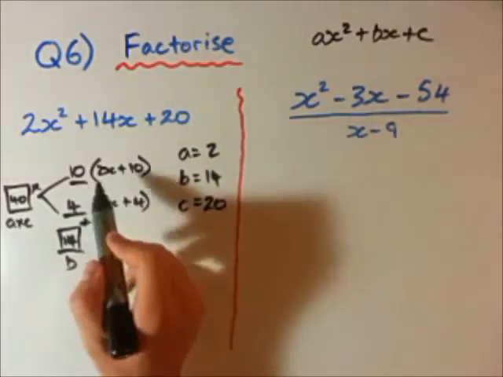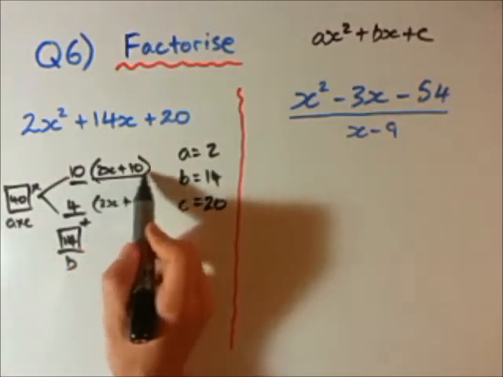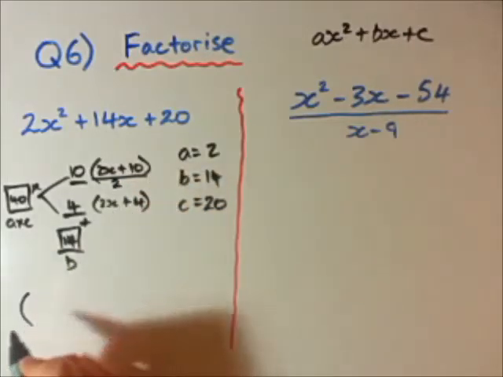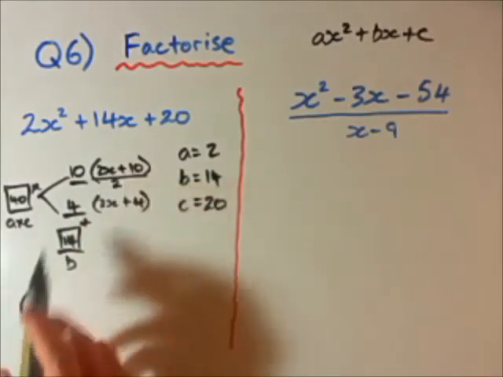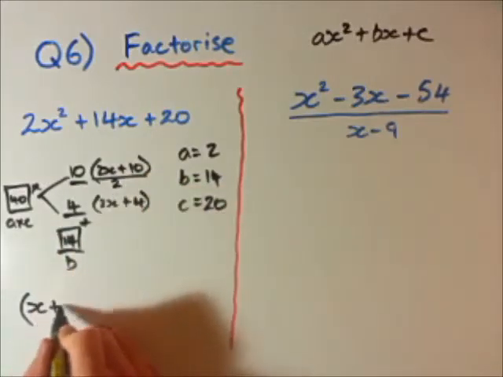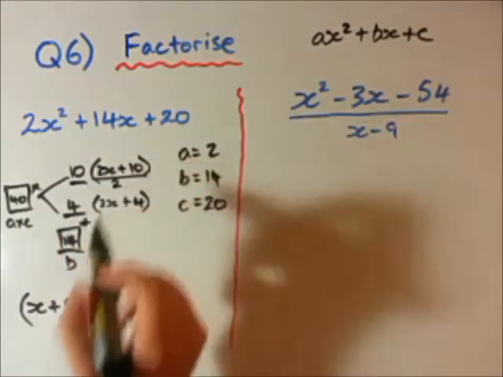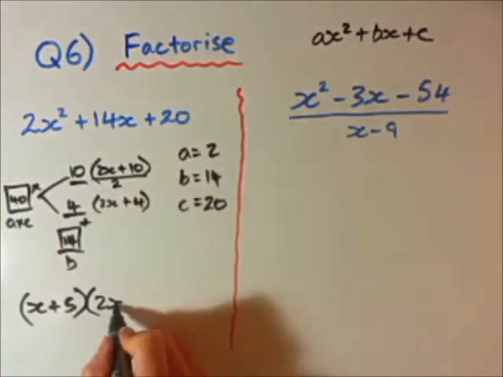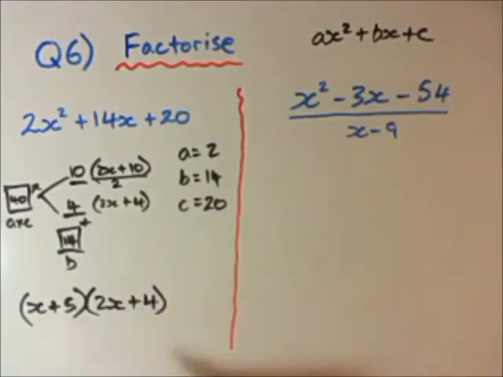I could have done the bottom one if I wanted. So I'm going to divide the whole fraction by a. This one here, I'm going to jump straight down here. 2x plus 10 all divided by 2 will leave me with x plus 5. I've divided both terms by 2. And you leave the other one the same. So there's the trick, and this is our final factorised answer.